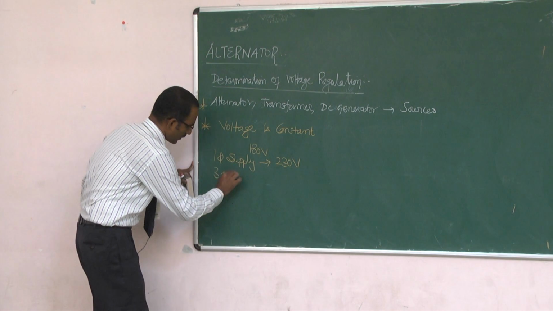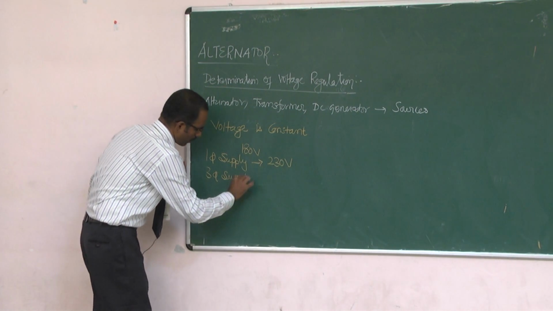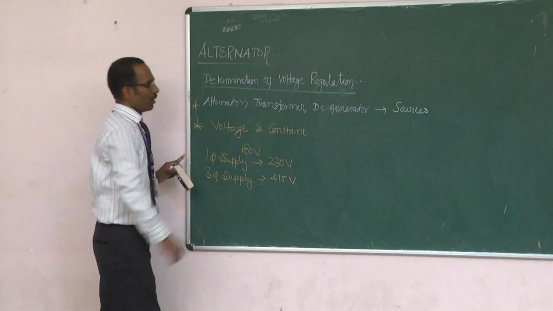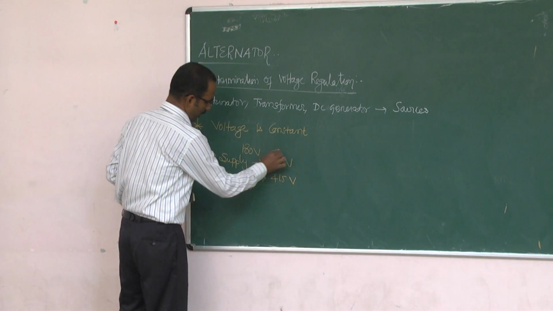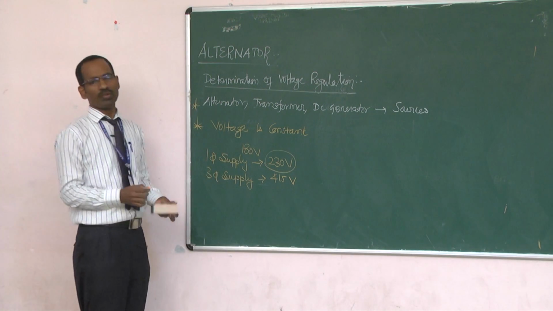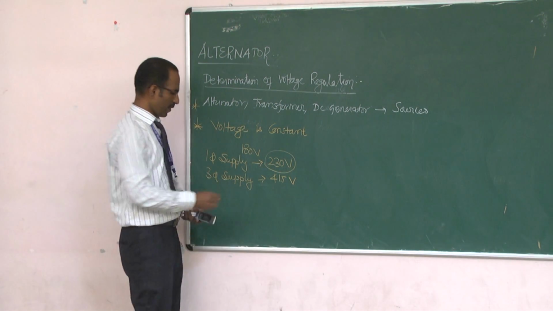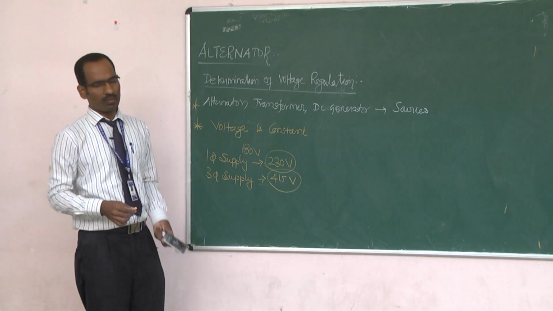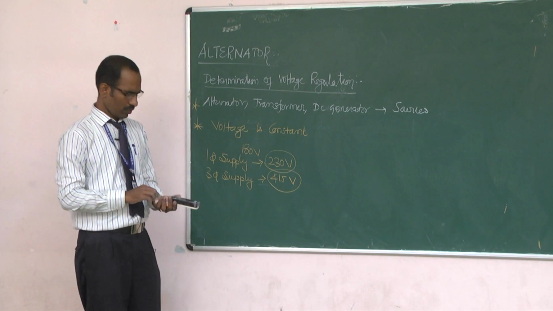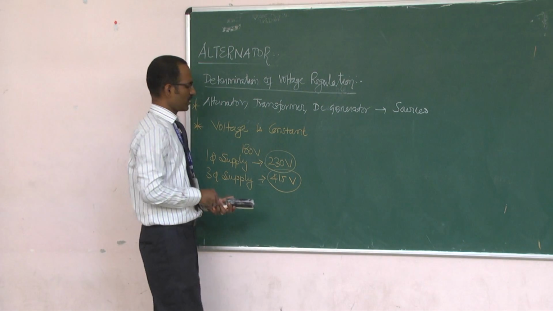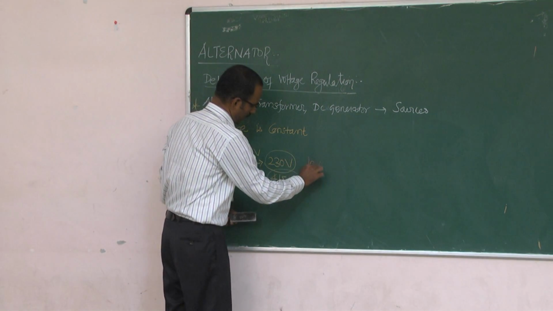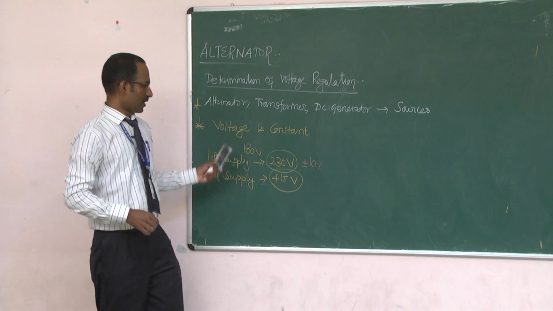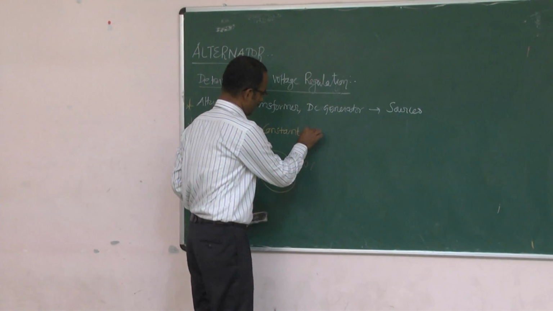If it is the three phase supply, the voltage rating is 415. So all the single phase appliances are designed to operate at 230 volt. If it is a three phase load, all the loads are working at 415 volt. The tolerance limit for the voltage is 10%. It may deviate plus or minus 10%. So since all the appliances are connected in parallel, we must maintain the voltage as constant.